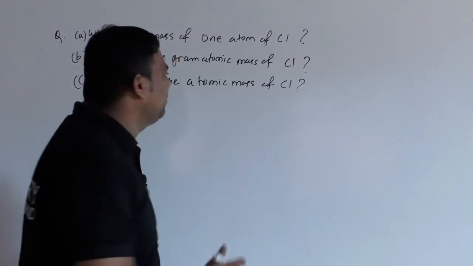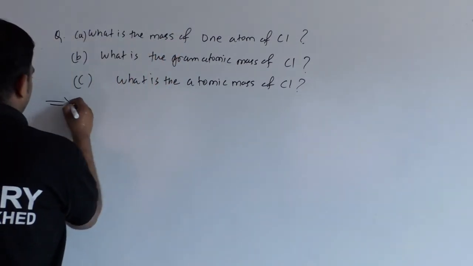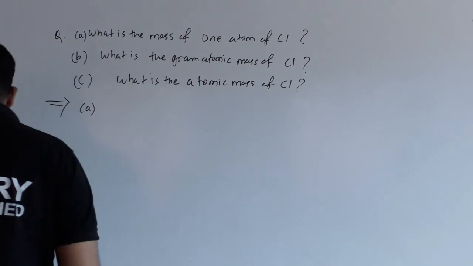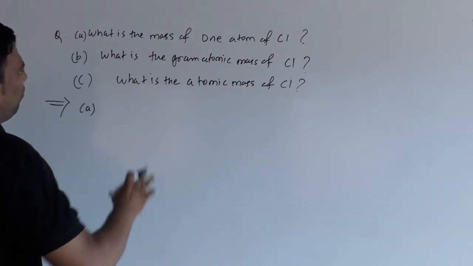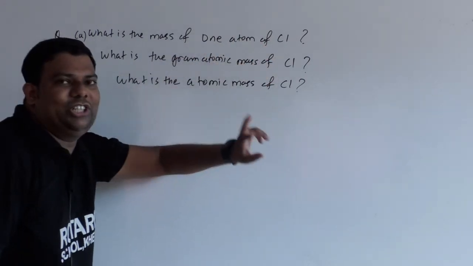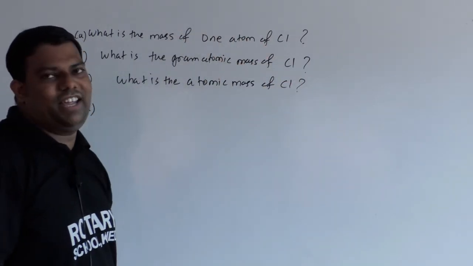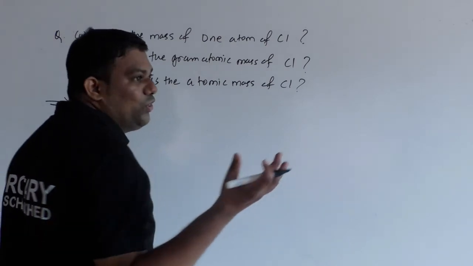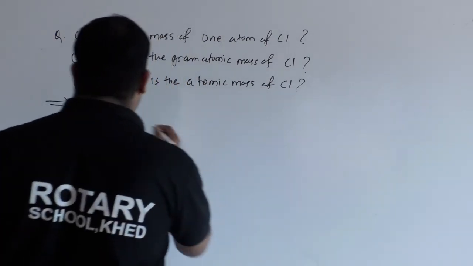ठीक आहे, बघा how we can write the answer of small a. So beta, as we discussed, what is the mass of one atom of Cl. जिथे one atom आलं तिथे आपण काय म्हणणार. Yes, very good. As you know, the Cl is 35.5.